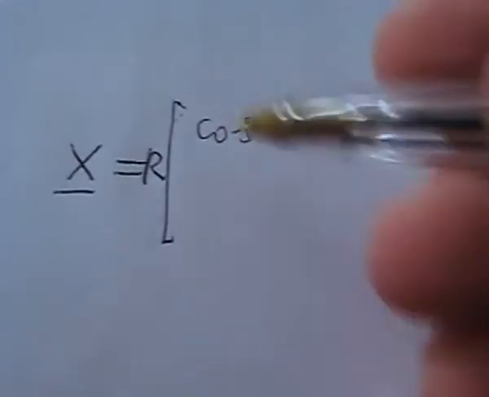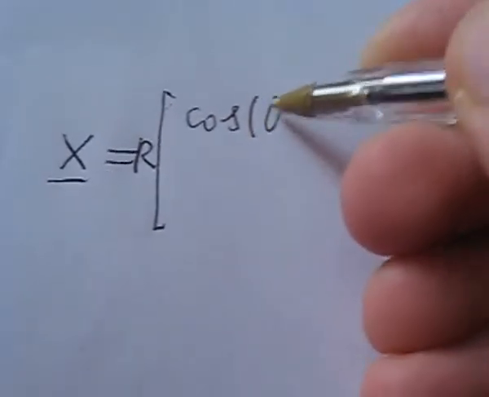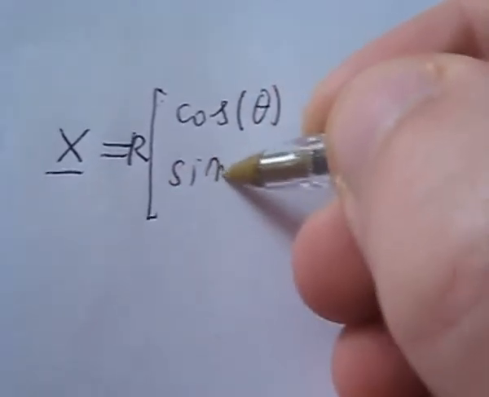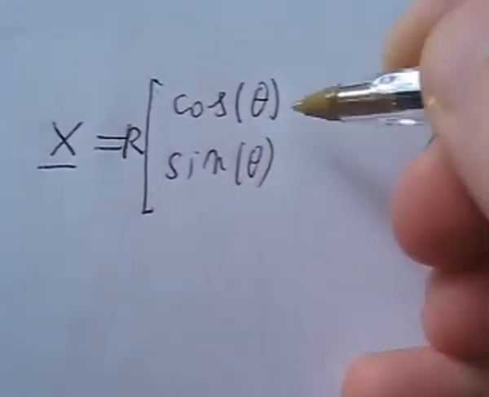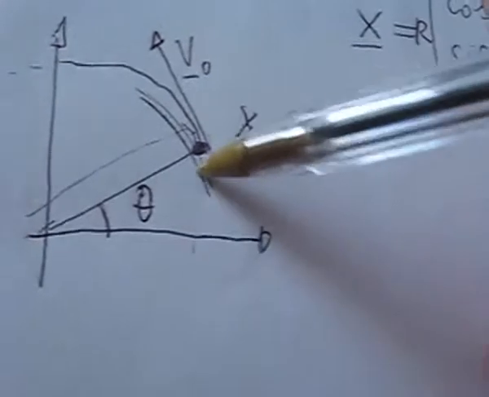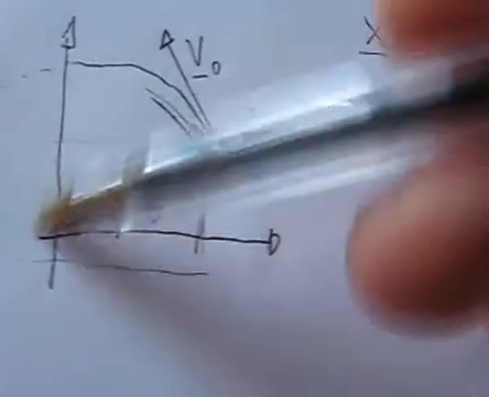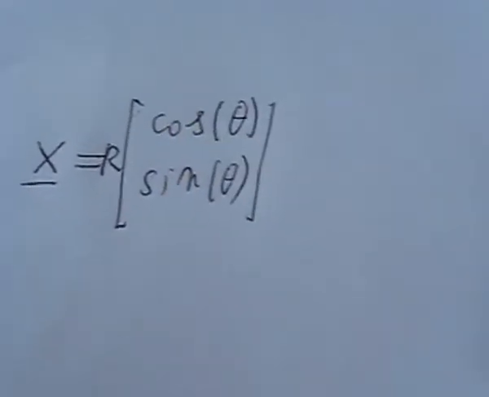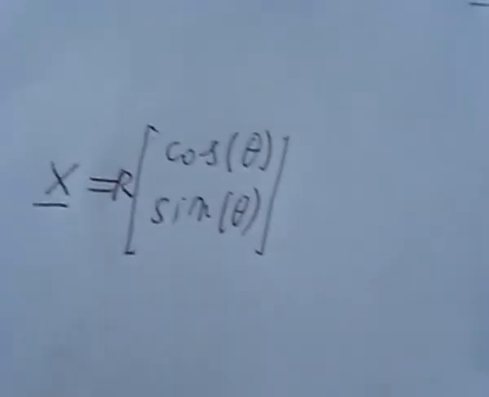Is the radius multiplied by this vector, which is very simple, very elementary concept. Cosinus of theta multiplied by r and sinus of theta multiplied by r. One of the most common functions. It's in the whole thing.